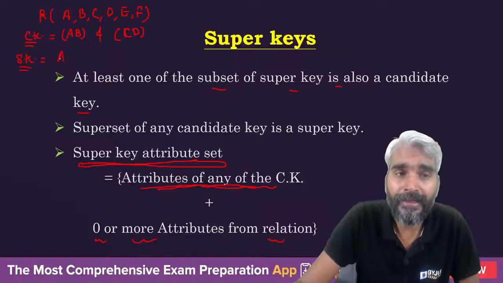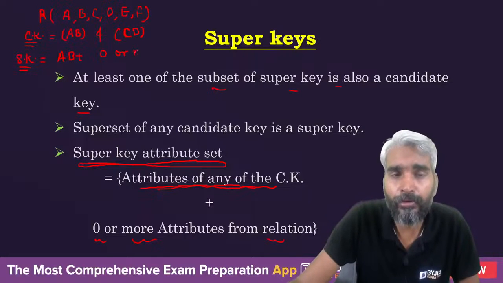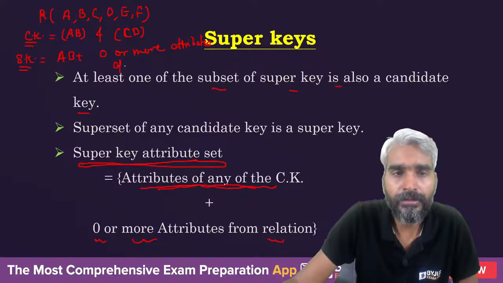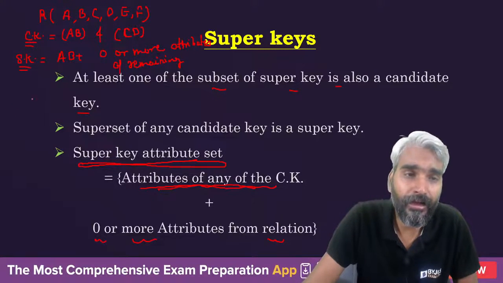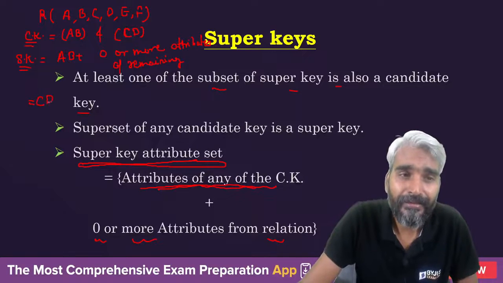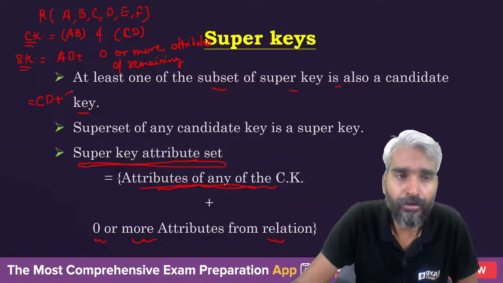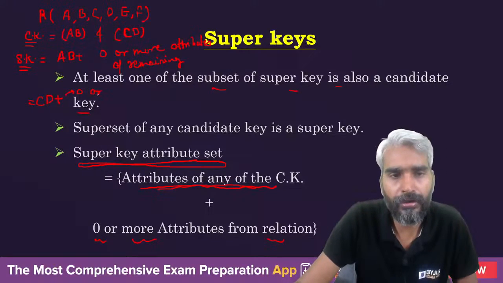Super key will be AB plus 0 or more attributes of the remaining attributes, as well as CD plus 0 or more attributes of the remaining.